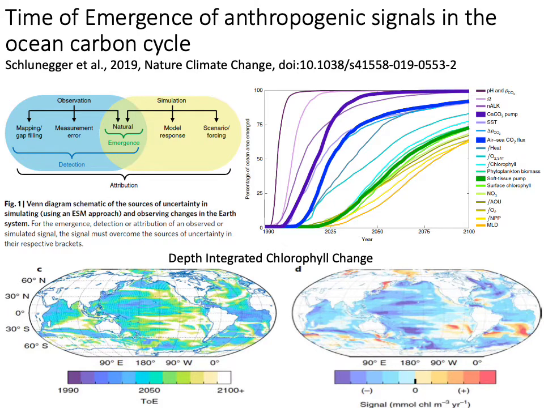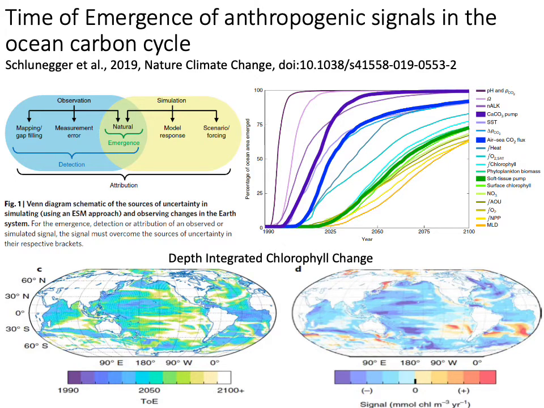The upper panel shows the percentage of the ocean area that has emerged, has changed, as a function of time from 1990 through the 21st century with a CMIP5 forced GFDL ESM2M.